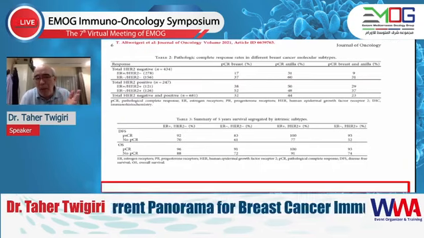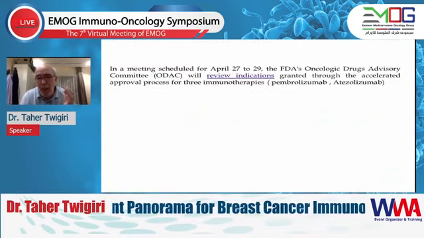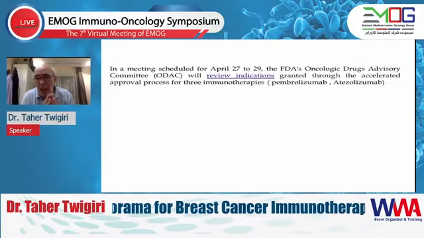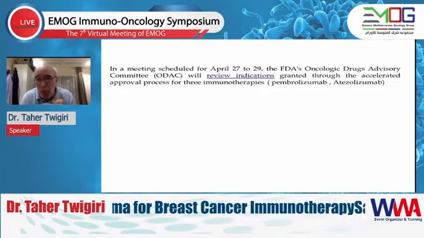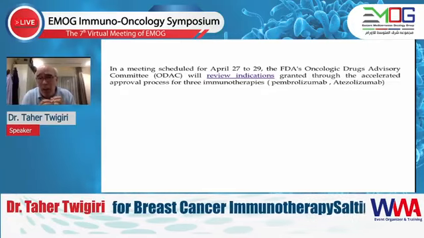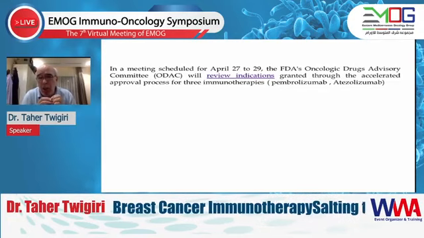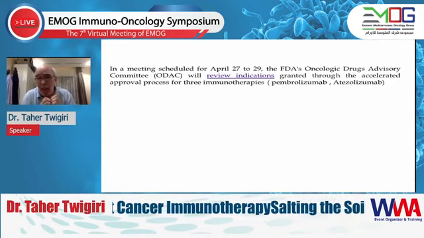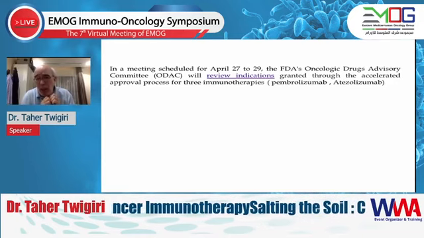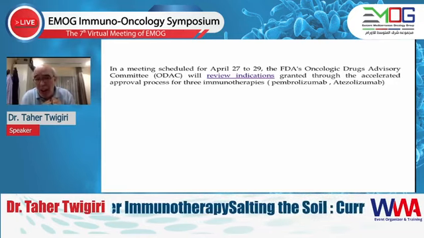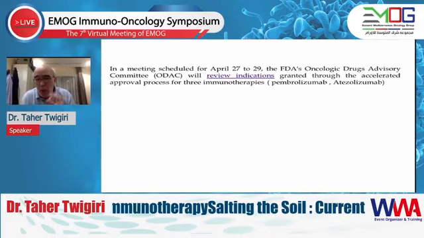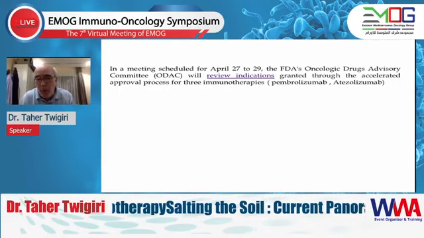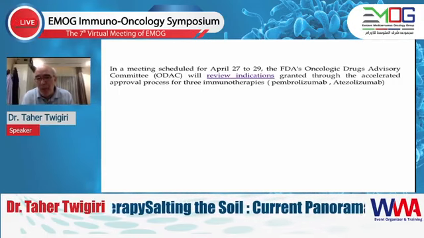So, see here, very strict. According to this, there is a meeting, and every one of you is going to attend, and I am going to send this information to Dr. Ahmed when it comes, because I am part of this. On April 27 and 29, the FDA Oncology Drug Advisory Committee will review the indication granted through the accelerated approval process for 3 immunotherapies.